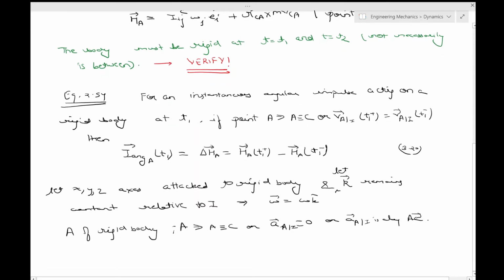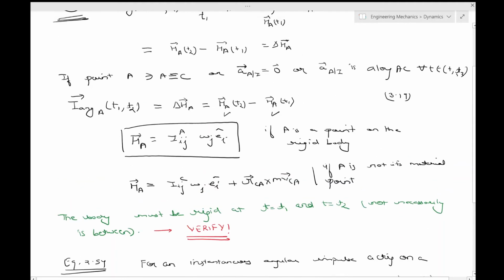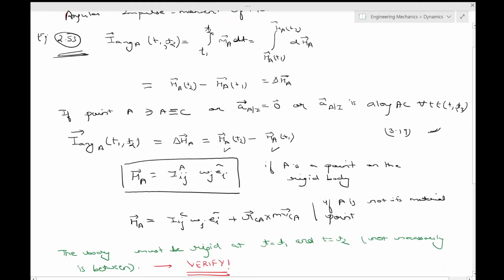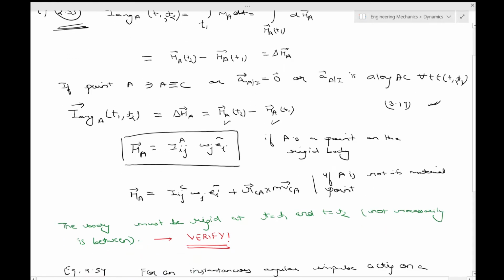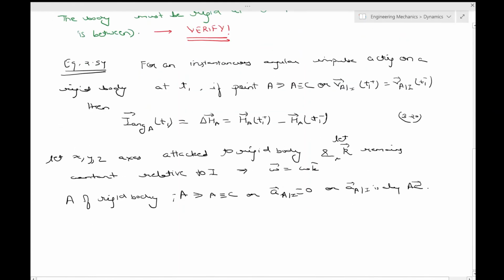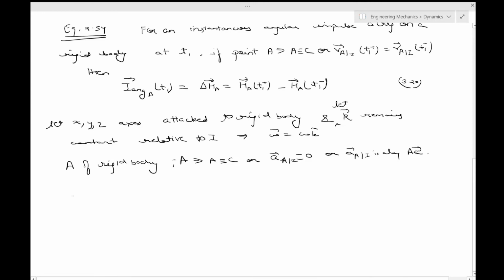So we must write the component of this 3.19 along the k direction, because it is fixed over there. So I_ZZ A, this shows that it is not a vector sign anymore because it's a component.